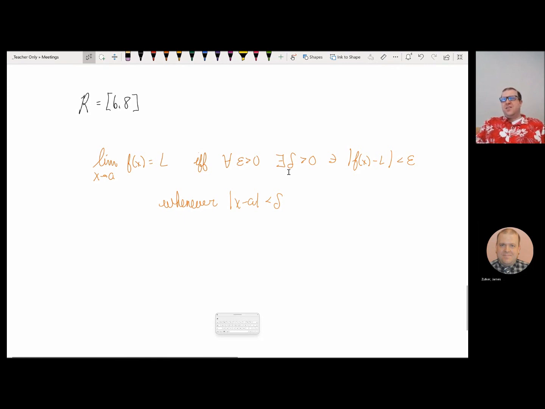What is that? That's the lowercase Greek delta. Because they should have taught you this definition in Calc 1. It's required. Just a Greek letter.